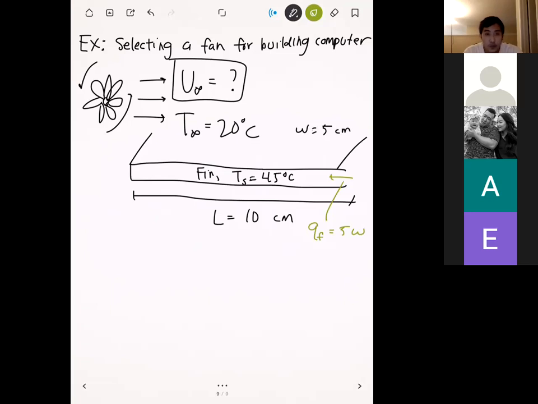And so what we need to do is solve for the airspeed that we need to keep this computer cool.